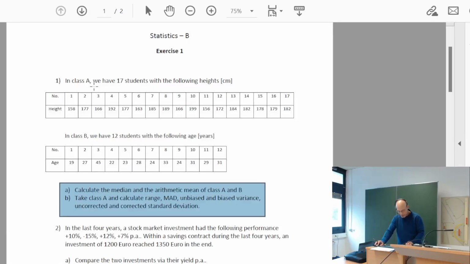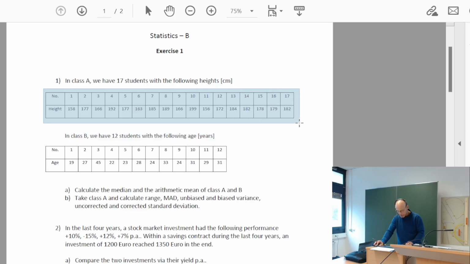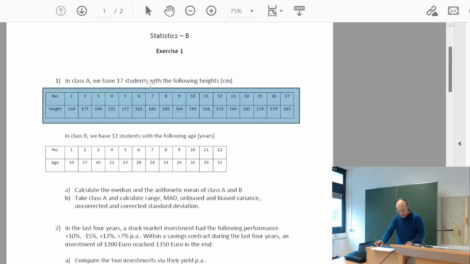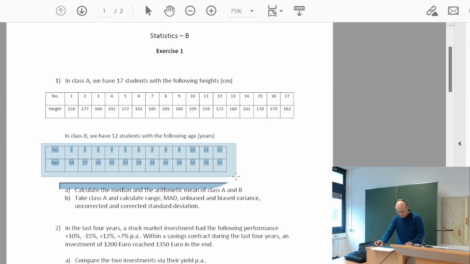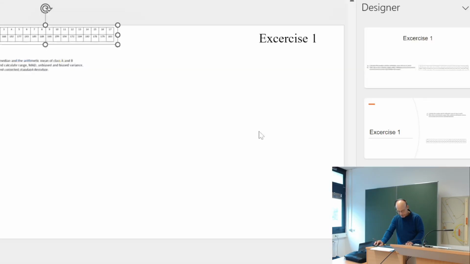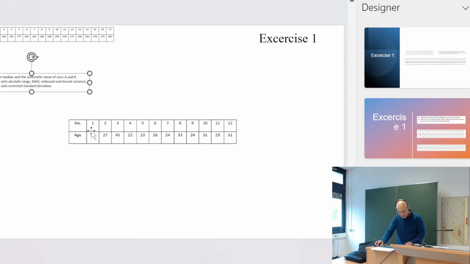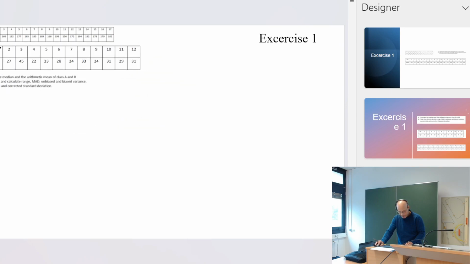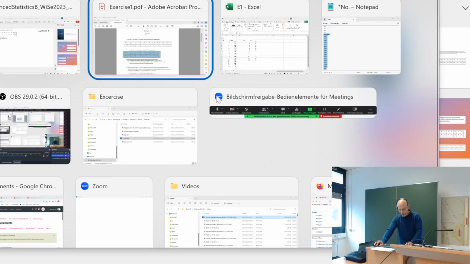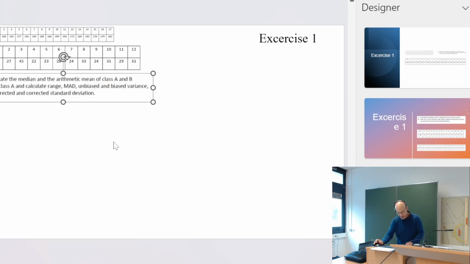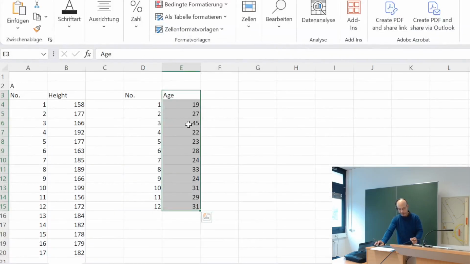This one and take here also this data, and class B. So the first one was arithmetic mean and median of class A and B.